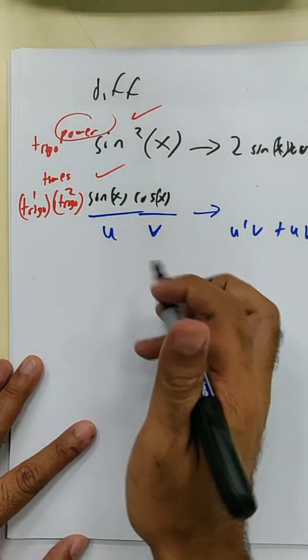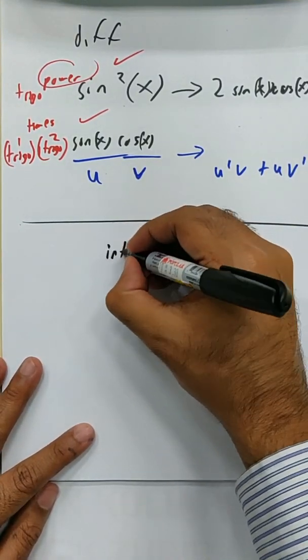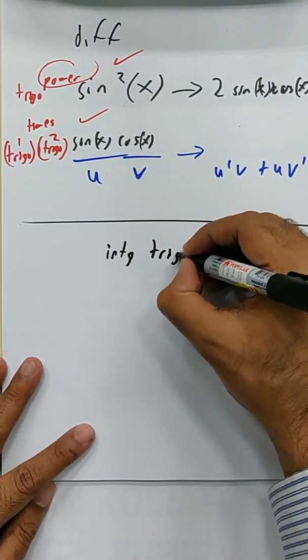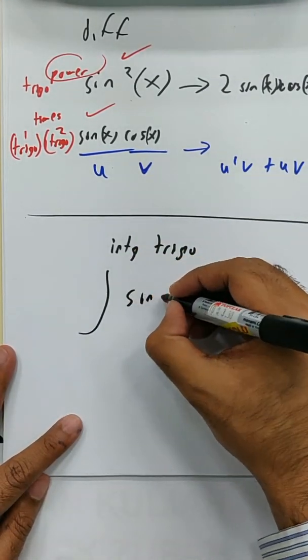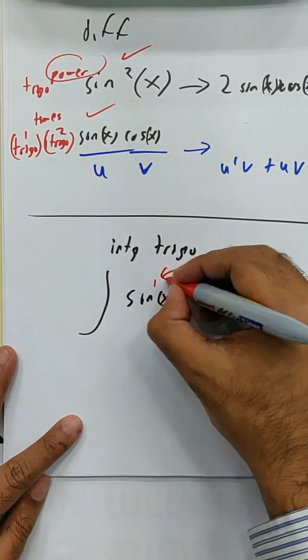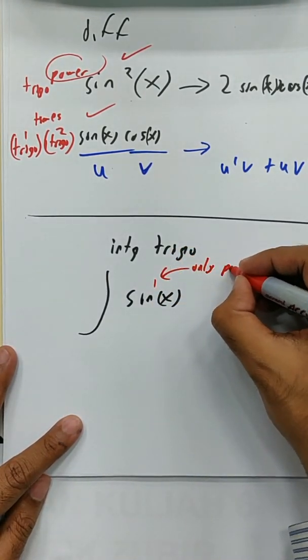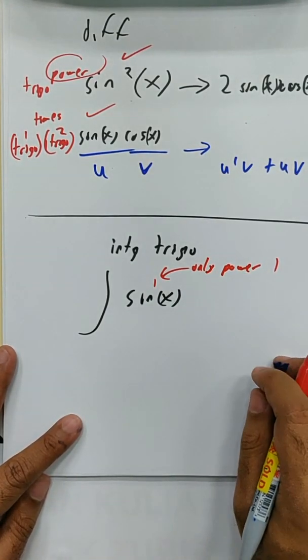Alright? If you want to integrate a trigonometry function, it needs to be single power, only power 1, and no times with something else.